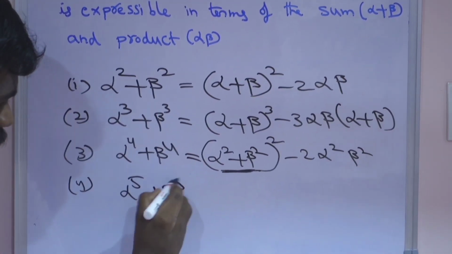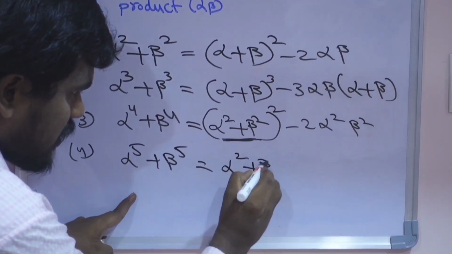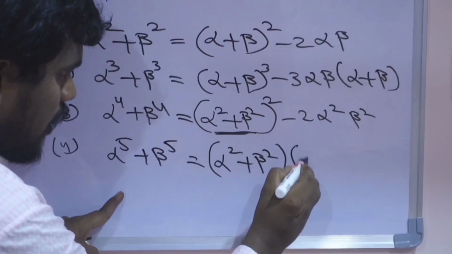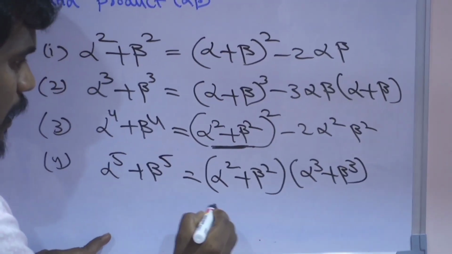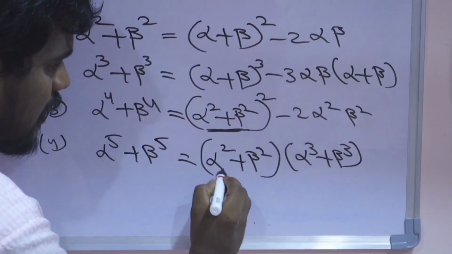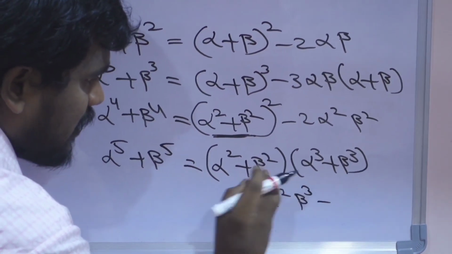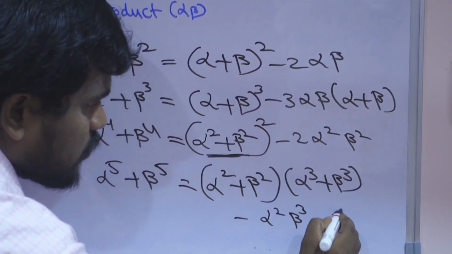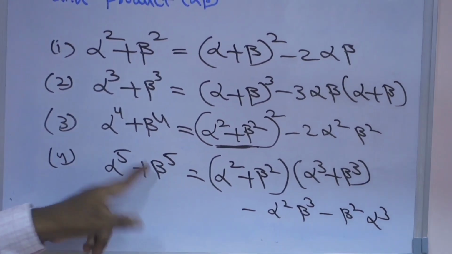How to write alpha power 5 plus beta power 5? Alpha square plus beta square into alpha cube plus beta cube minus alpha square beta cube minus beta square alpha cube. Then we get alpha power 5 plus beta power 5.